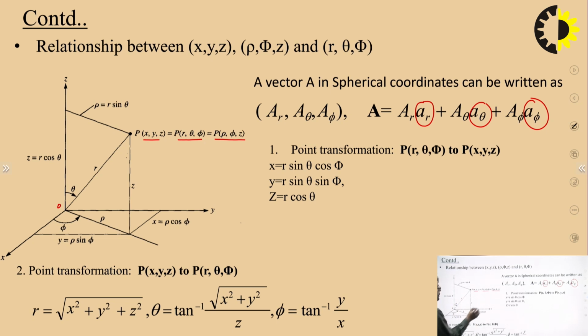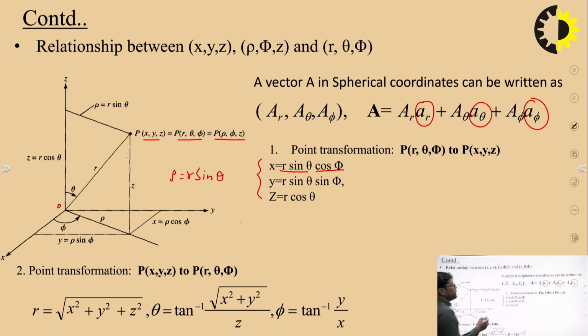So rho is equal to r sin theta, and this r sin theta has two components. In the x direction, x is equal to r sin theta cos phi, this is rho cos phi, and in the y direction rho sin phi, so y is equal to r sin theta sin phi, and z is equal to r cos theta. I hope this point is clear to all of you.